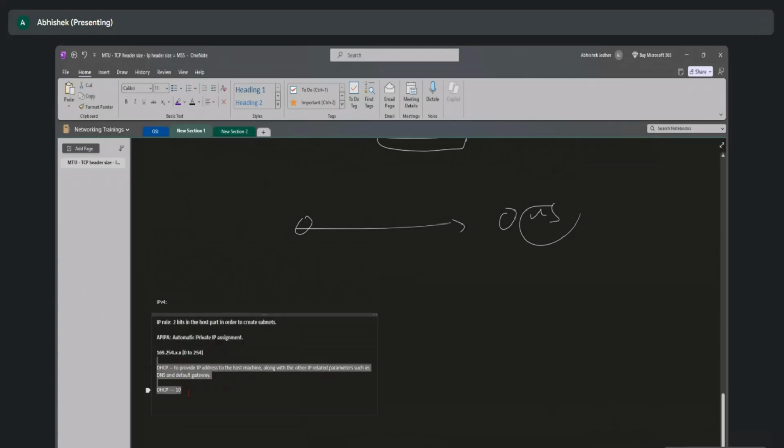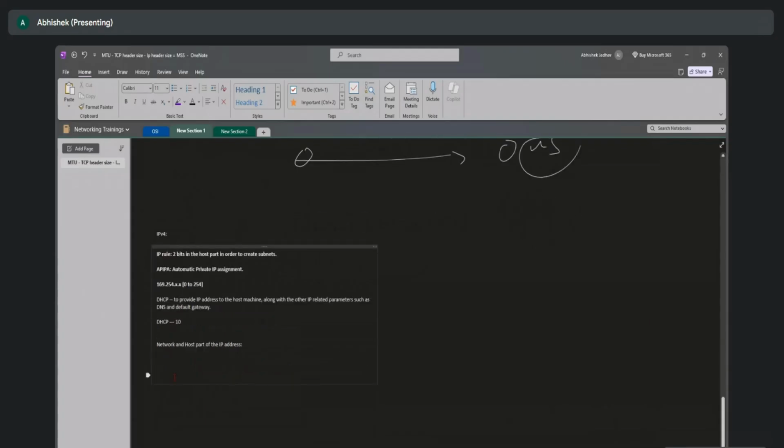After this, now we'll jump to the concept of network and host part of the IP address, right? Basically, as I earlier told you, the class A IP address, right? The class A IP address is ranging from what range to what range? 0 to 127.